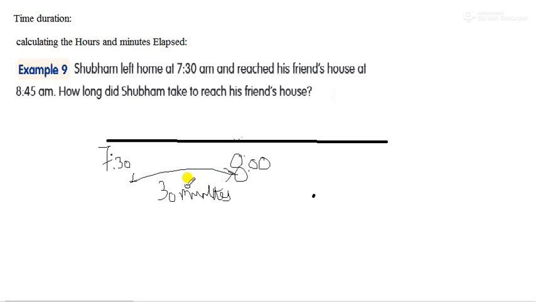Now here we have 8. He reached at 8:45. So 8 to 8:45, how many minutes difference here? 45 minutes.